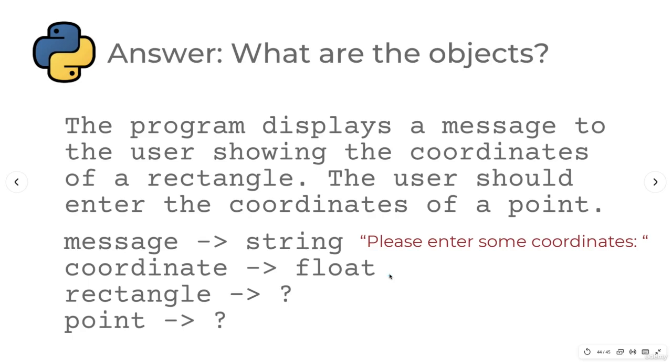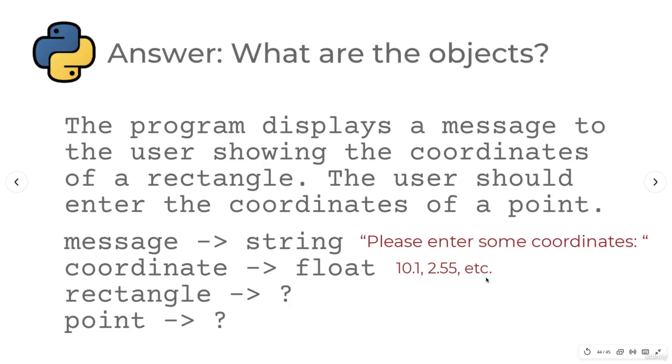Float is a class, and in Python, when we write a number which has a dot, such as 10.1 or 2.55, Python understands that as a float, a number with decimal points. But then we also have a rectangle object and a point object.